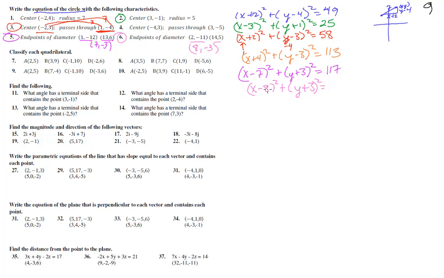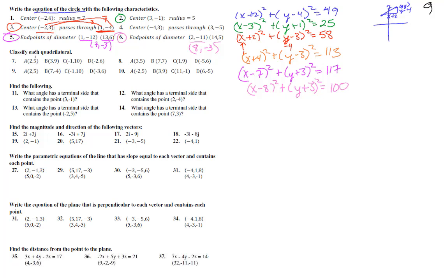If we stick this in, we get a 6 and 8. 6 squared plus 8 squared, that's 36 plus 64, that's 100. Hey, that radius comes out to be exactly 10. That's pretty cool. Alrighty, so number 7.